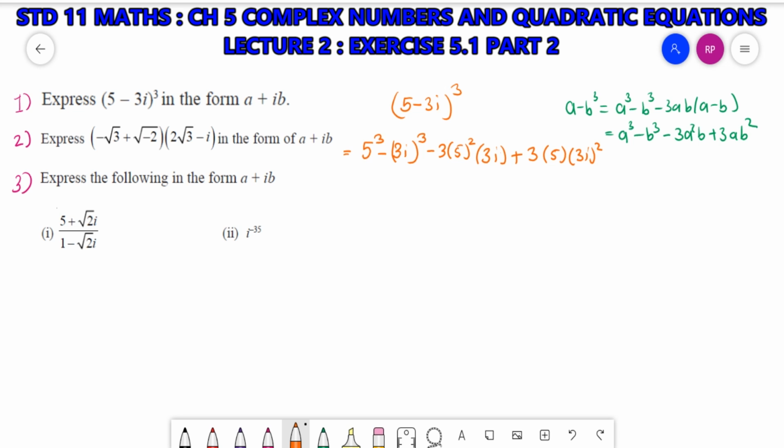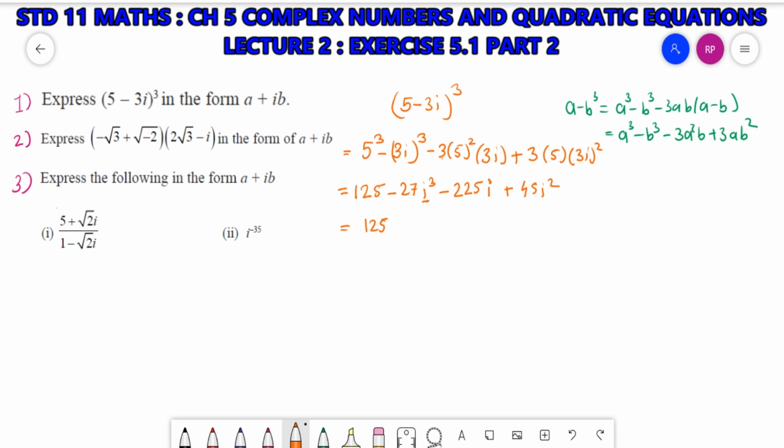Okay, so 5 cube, that is equal to 125, minus 3 cube, 27i cube, minus 3 into 3, 9, into 25, 5 square, that is 25. 9 into 25, that will be equal to 225i, plus 3 3s are 9, 9 5s are 45, so 45i square. So this will be equal to 125. i cube means minus i.